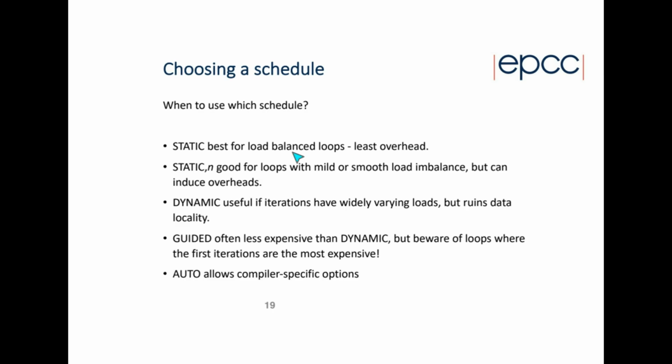If your loop is well load balanced, then, let's say almost always, with some qualification there, you want to use static, or just leave the schedule clause off, because that has the least amount of overhead. There are cases where that's not quite true. We'll talk about one of those cases in the performance session next week.